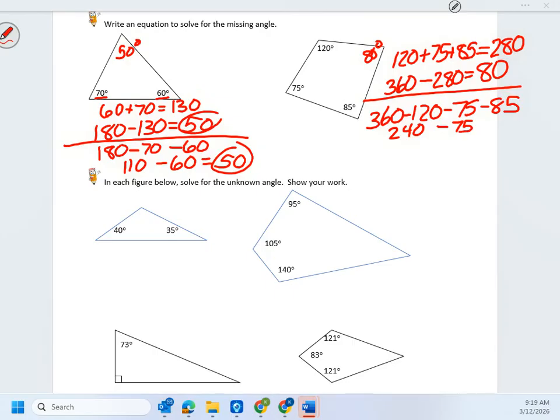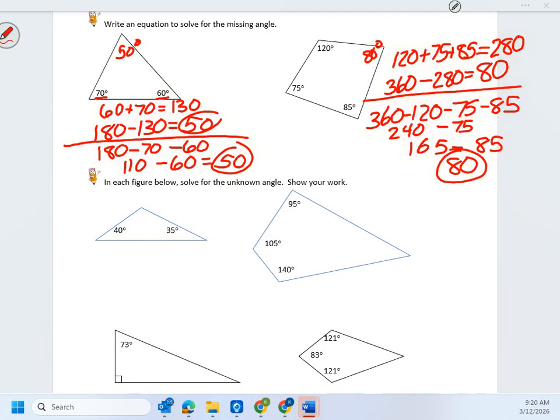Minus that 75 would be 165. Minus our 85. And that brings us down to that same 80.